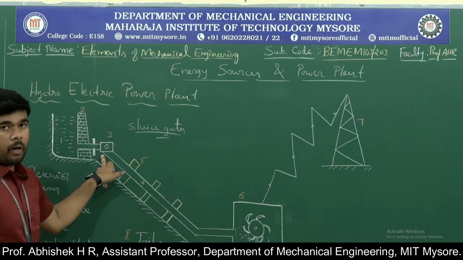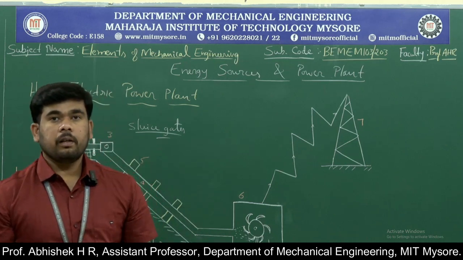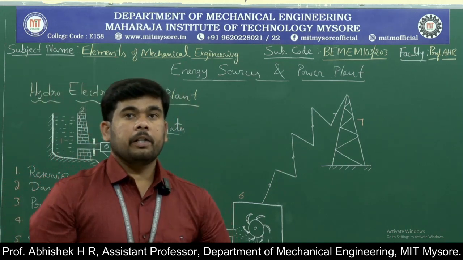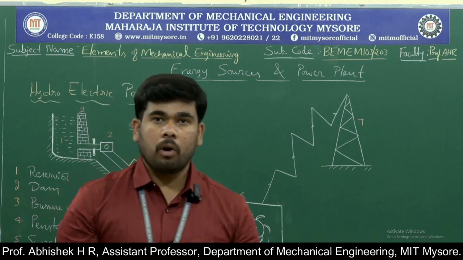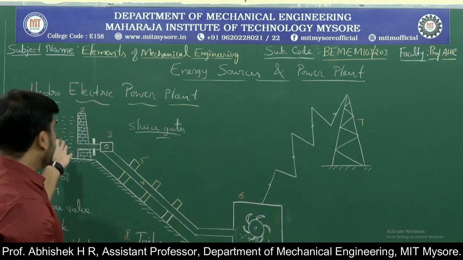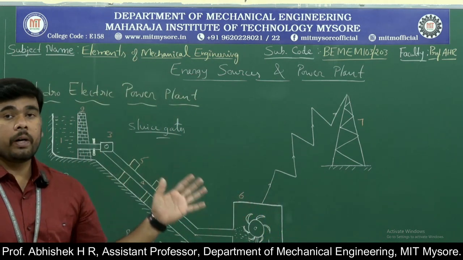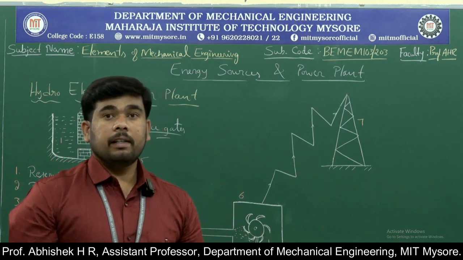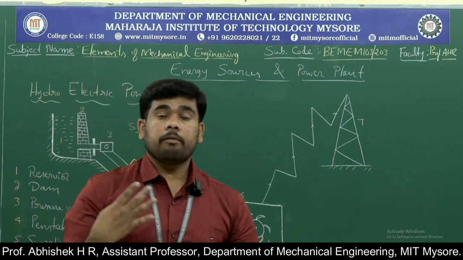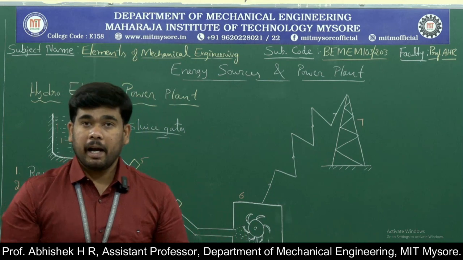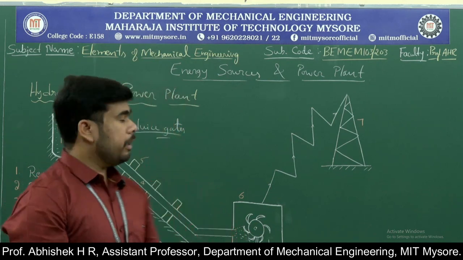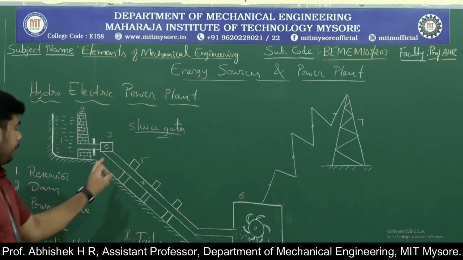And here we have one pressure house to regulate the pressure of the flow of the water, because we are storing a huge quantity of water, and if we release it, the flow rate and the pressure will be very high. So just to regulate it, we utilize the pressure valve.